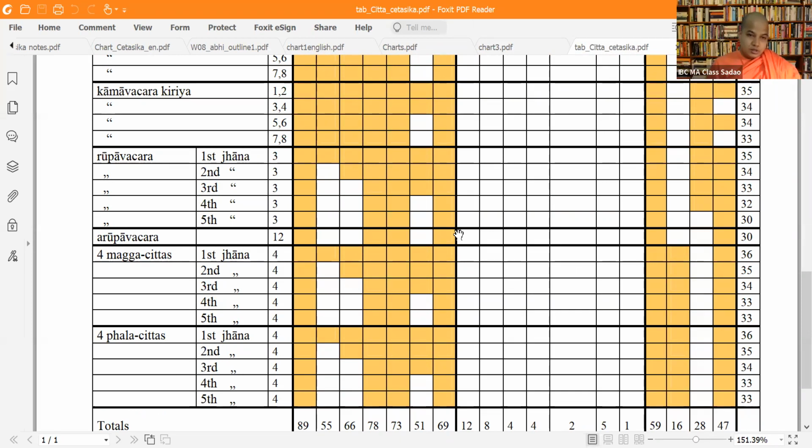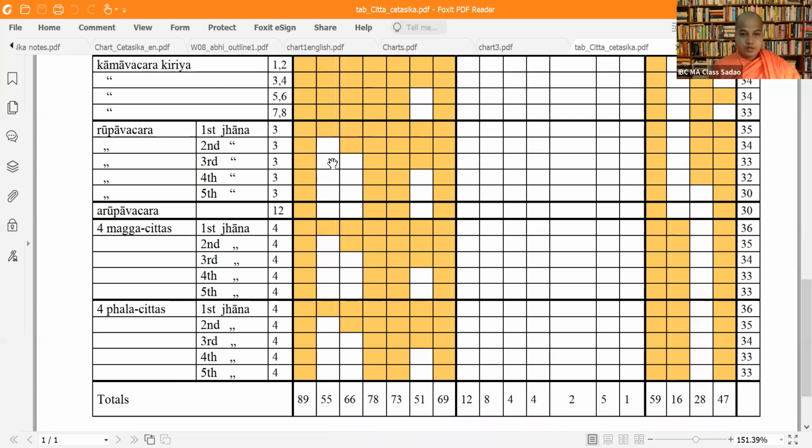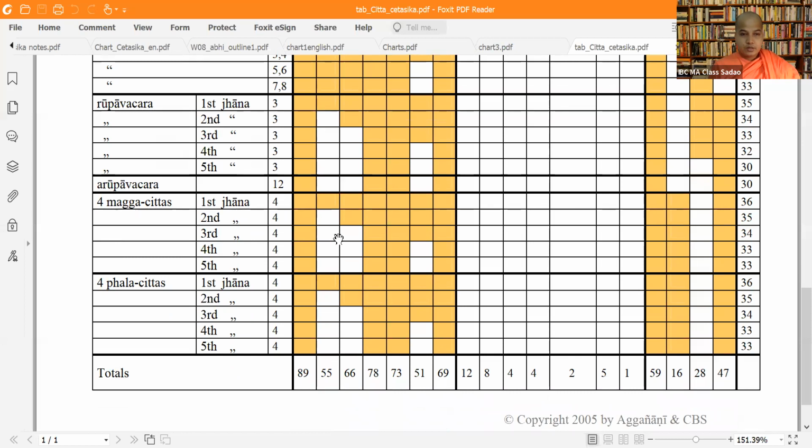So in the Rupavachara first jhana, in terms of kusala, vipaka, and kiriya, in the first jhana, vitakka is present in these 3 chittas, right? And then in the category of paramattha chittas, that is, magga chitta and phala chitta. So there are 4 magga chitta and 4 phala chitta.